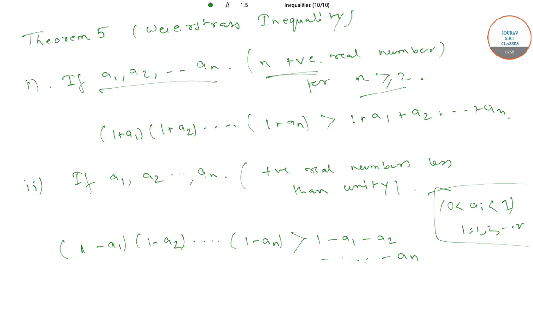And similarly, if a1, a2, an are positive real numbers less than unity, that is, they lie in the interval from 0 to 1, then we would have (1 minus a1) into (1 minus a2) into so on till (1 minus an) greater than 1 minus a1 minus a2 minus a3 so on till minus an.